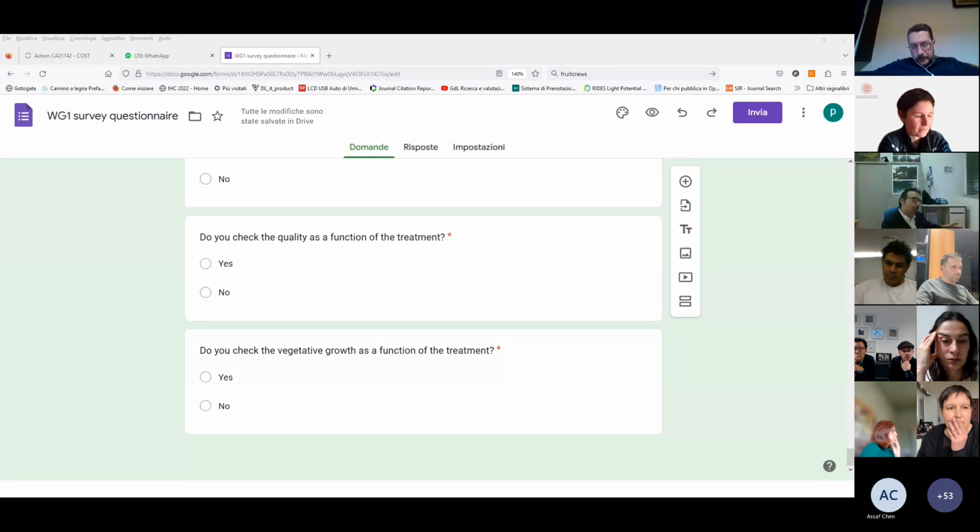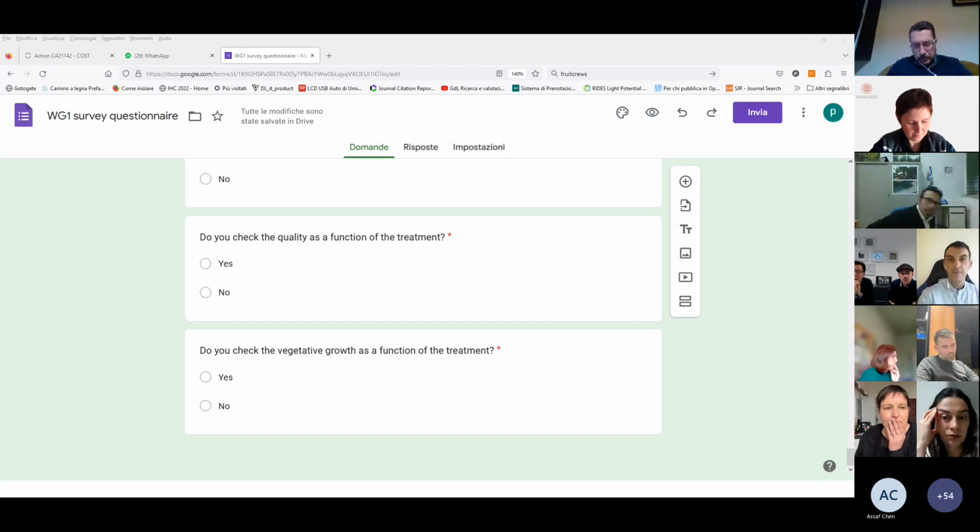So this is the first step, and this database can be used for modeling, of course, not by our group but maybe by another group, but also to select correctly the sensors already present in the market, or to define what can be the bottleneck that prevents the use of those sensors, and how can we overcome these problems, if any.